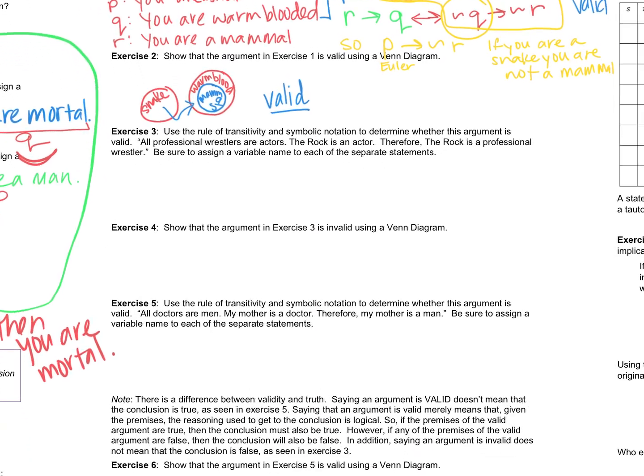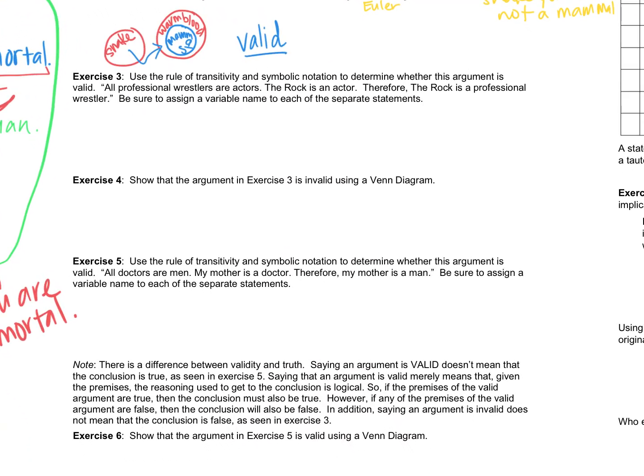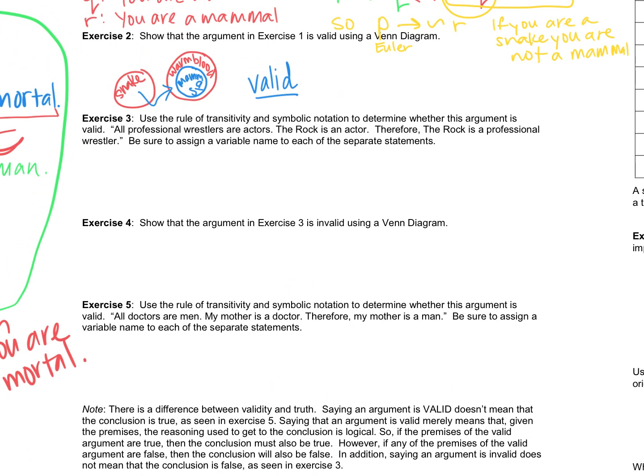All right, for exercise 3, we have this next set of statements that says all professional wrestlers are actors. The Rock is an actor, therefore The Rock is a professional wrestler.